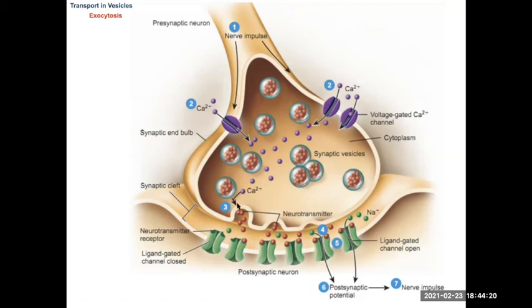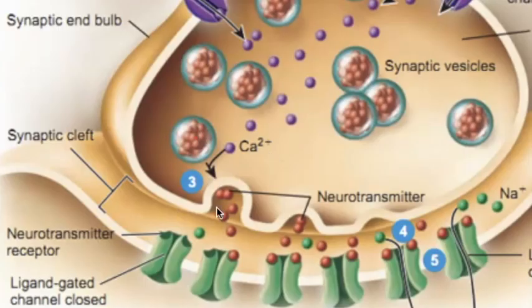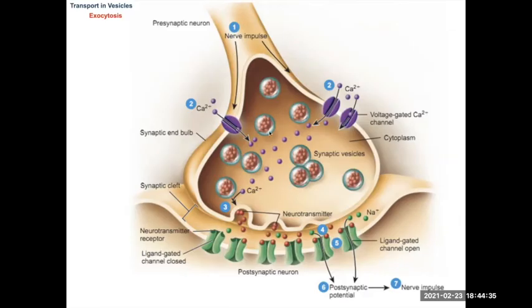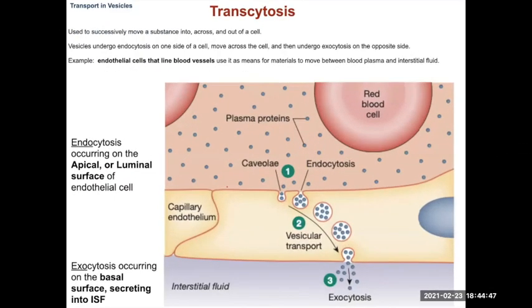What the calcium does is trigger it and cause, in a complicated way, these vesicles to fuse with the membrane and release the neurotransmitters into the synaptic cleft where they're going to bind to this receptor right here. So this is another major example we'll see with exocytosis, releasing packets of stuff out into the environment.